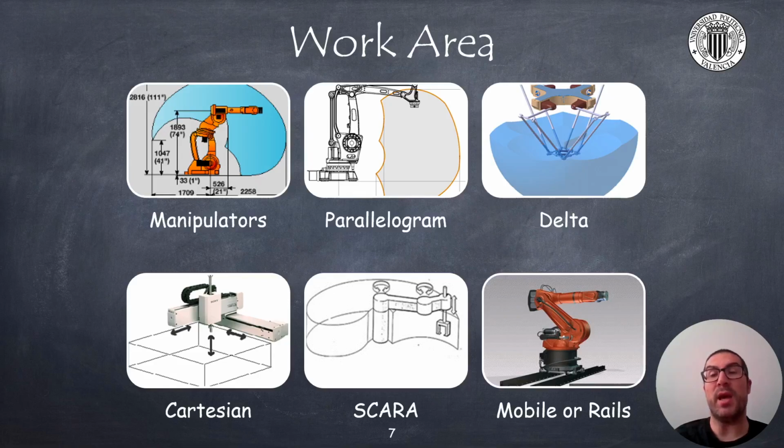Delta robots typically have a work area as the one shown, like a 3D parabola. Cartesian robots have a cubic work area, as you can see, very simple. SCARA robots have a work area like the one shown, similar to the manipulator work area, but containing the XY plane, with the possibility of height control. Finally, if the work area is not enough, then you can find some solutions to enlarge it by mounting robots on a mobile platform or some rails.